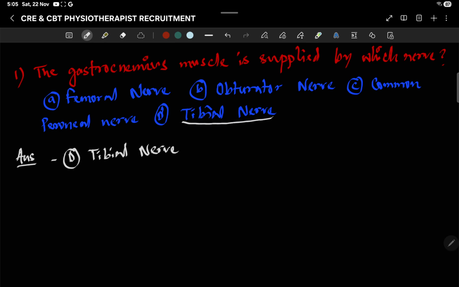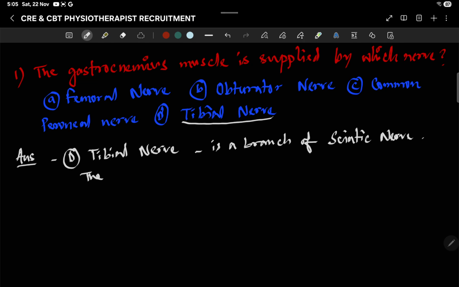Option D, the tibial nerve. Why the tibial nerve? It is a branch of the sciatic nerve.